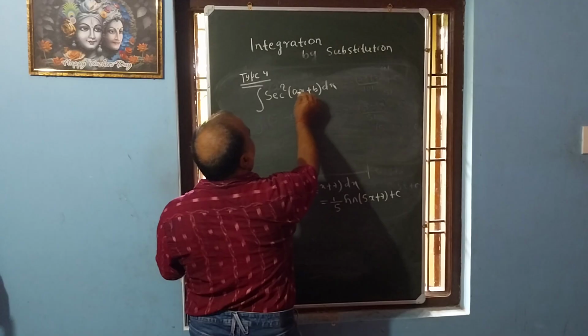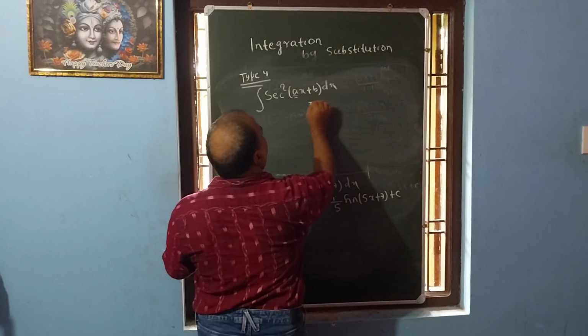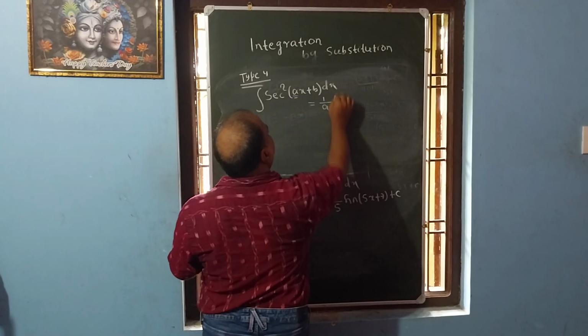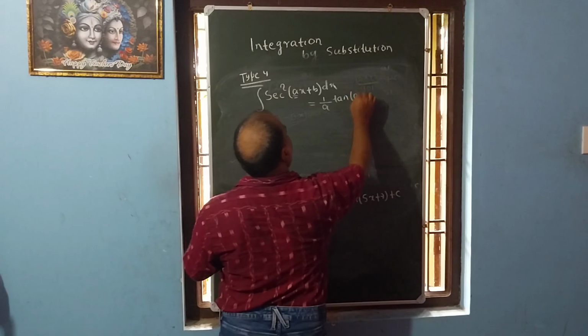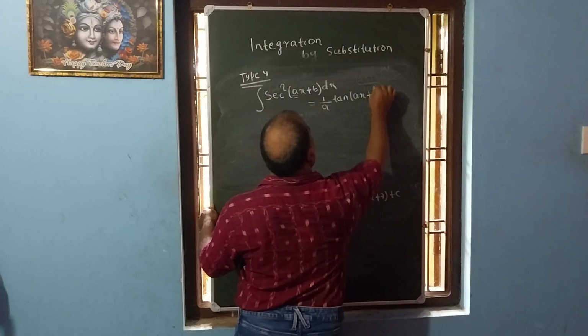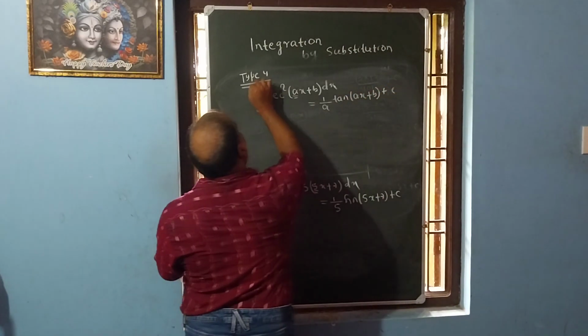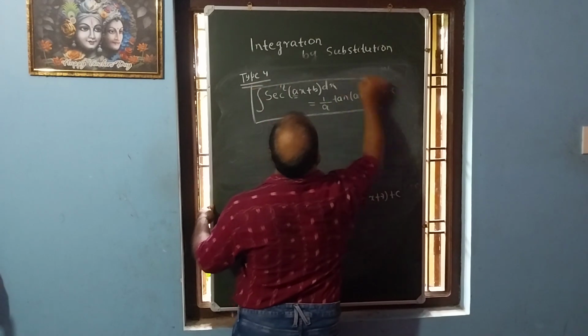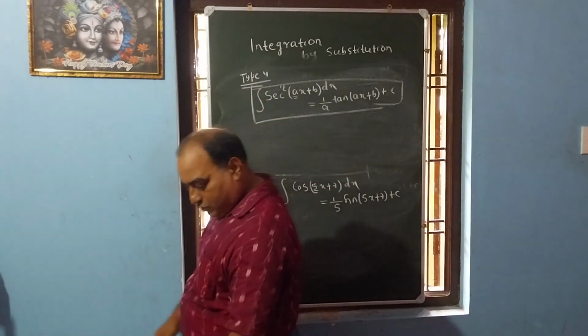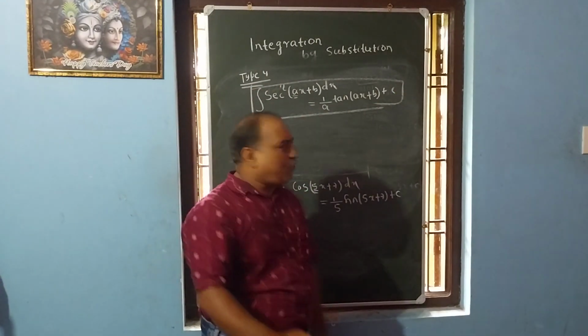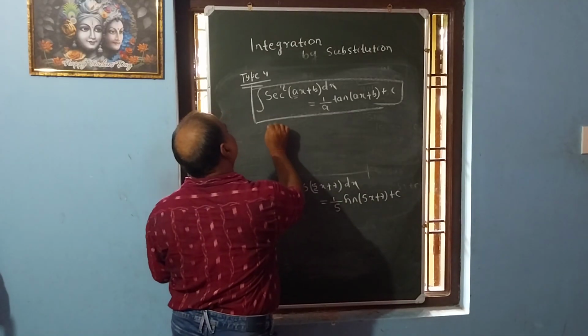The coefficient of x is a here. So the integration value will become 1 by a tan(ax + b) plus c. You remember, this is one formula. Using this formula, we have to integrate one example.